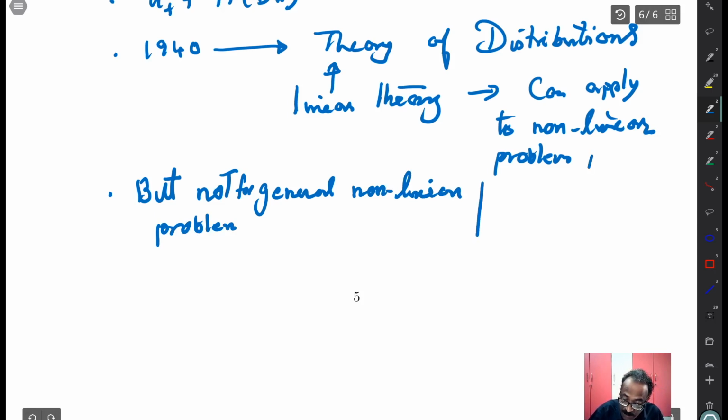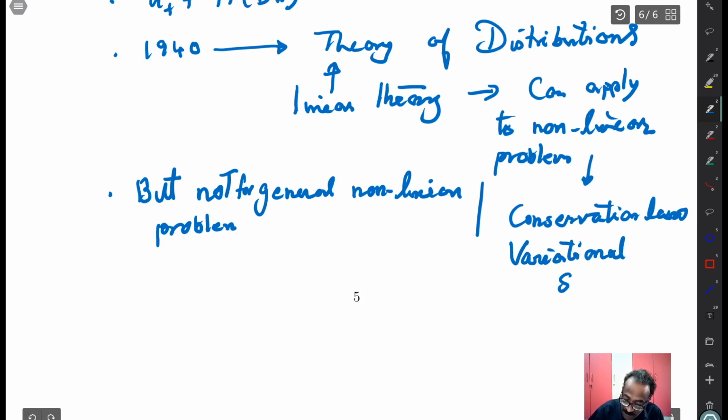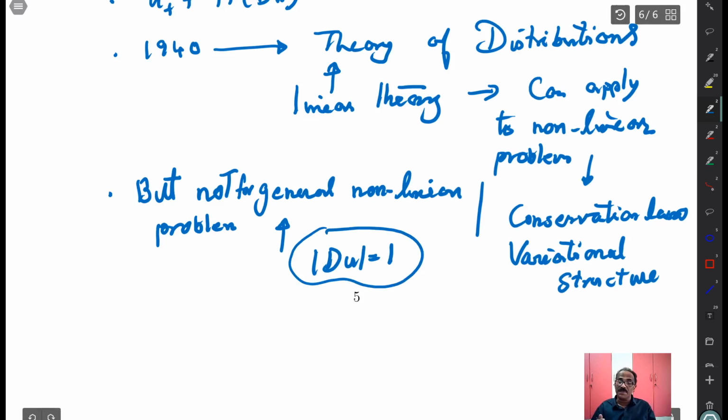For example, you can apply it to conservation laws. You will see this in the next set of lectures, which is a set of nonlinear problems. These have some sort of variational structure, which means you need some sort of integration by parts. But if you look at the problems here, even |Du| = 1, this does not have any variational structure, and you cannot do any integration by parts.